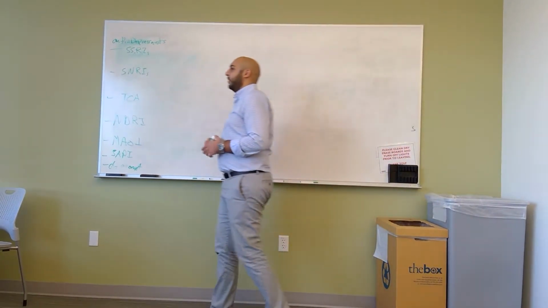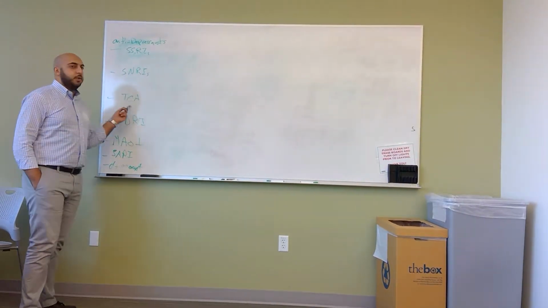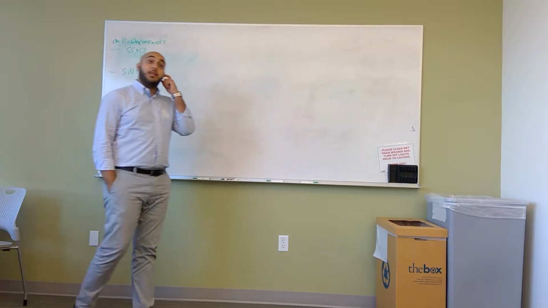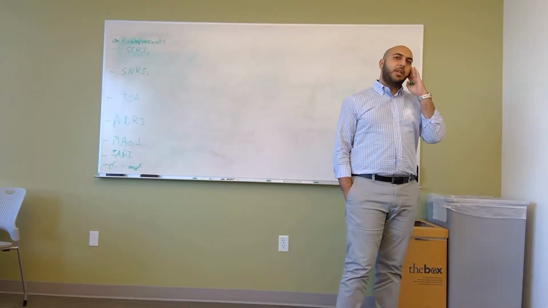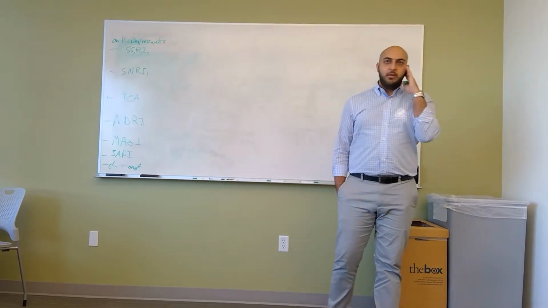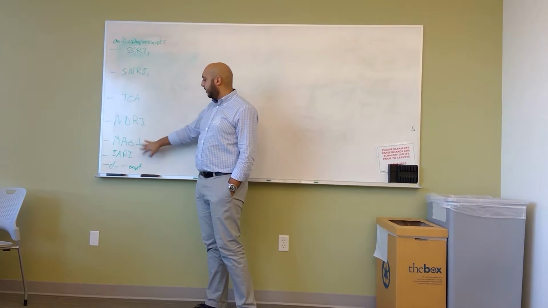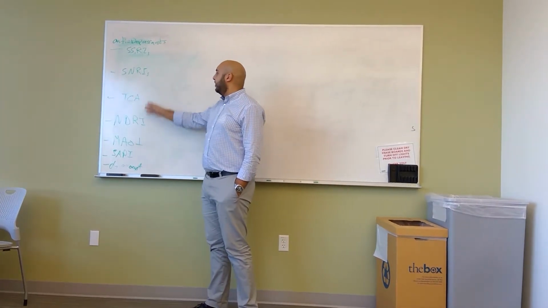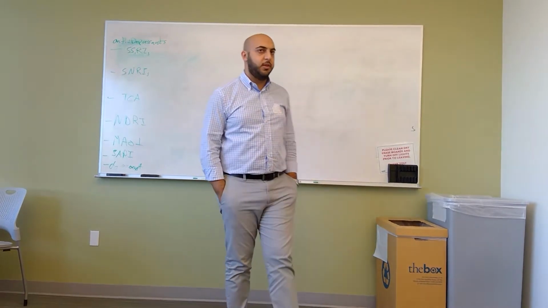Let's start with the top. So SSRIs. However, textbooks usually always start with TCAs because it's the oldest and the first class ever developed, and it kind of builds. And I like to start with TCAs because these classes came into practice just to overcome the side effects and the intolerability of TCA.